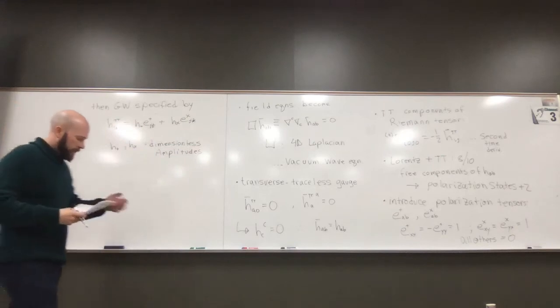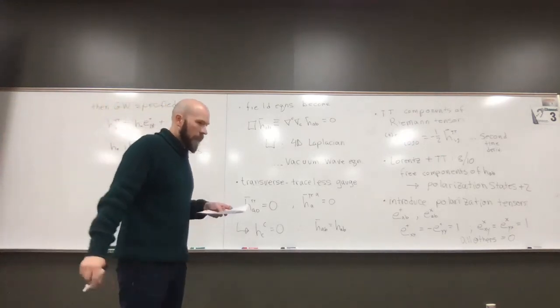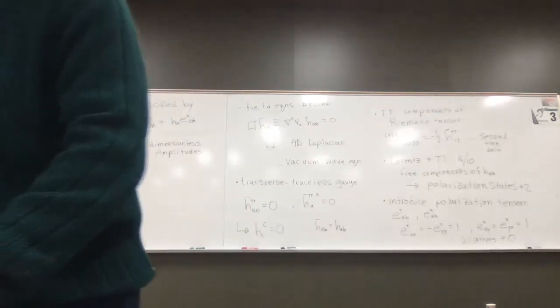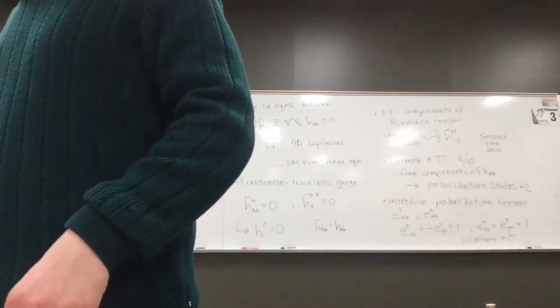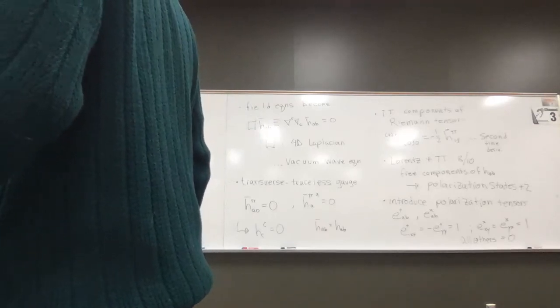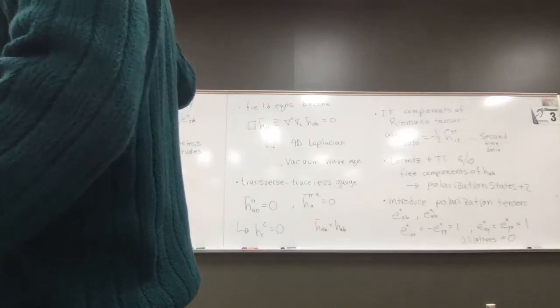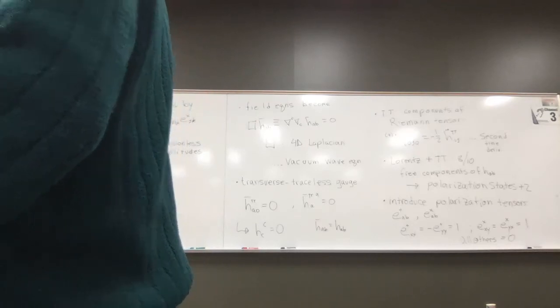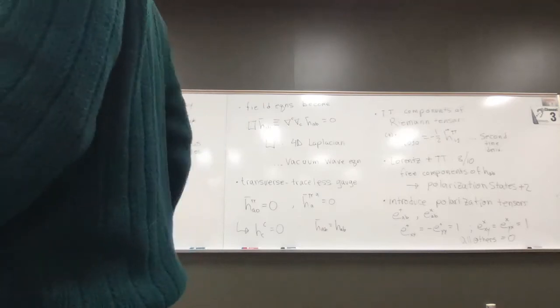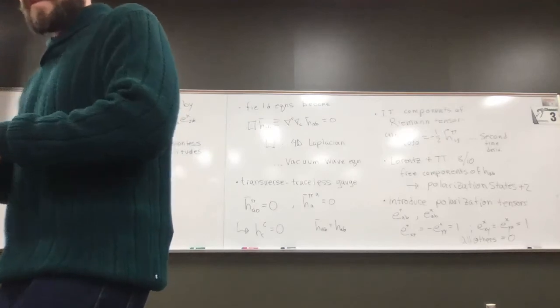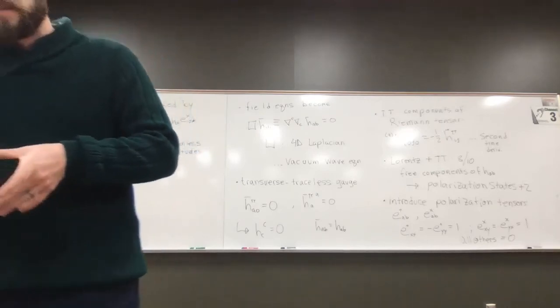So this book's got a nice image. The H's are much smaller than 1. Yes, absolutely. If they're not, we're in the strong field limit. Yep, that's right. Sorry, I was thinking about how to represent this polarization.